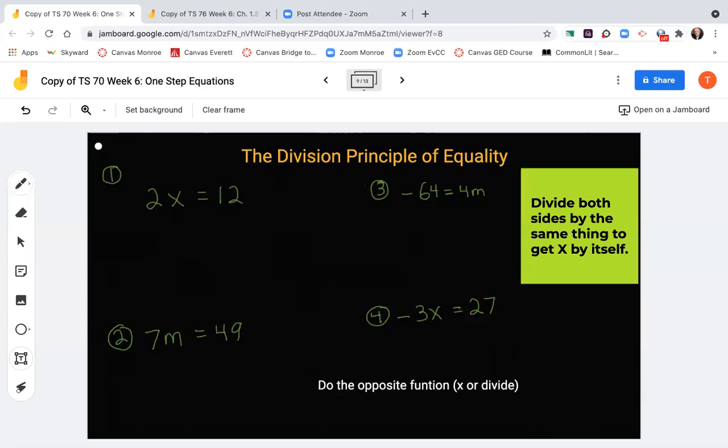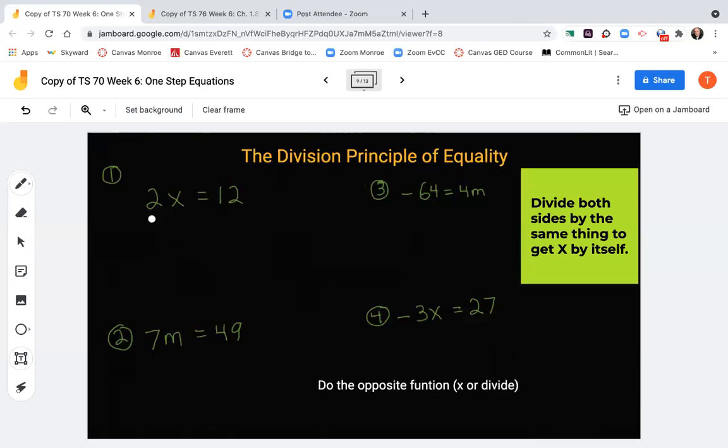Hope you're ready for number 1 here. You've got 2x, which we now know means 2 times x, equals 12. So what is the math that's going on on the left side of the equal sign? It's times, right? What is the opposite of times? Division. So here's the way we would write it out.